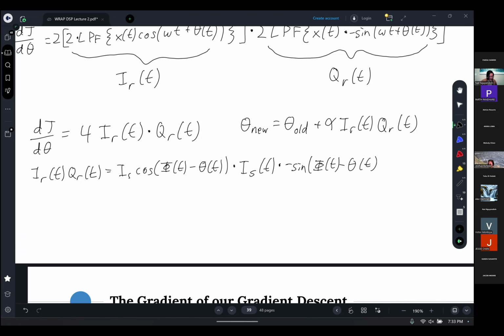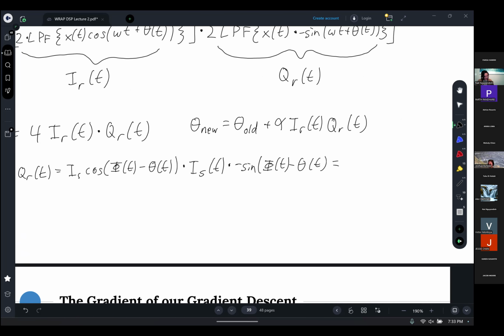Okay. And then this is actually going to simplify to, we have a sine multiplied by a cosine, so that should immediately make us think of one of our trig identities that we know and love. So we have negative sine of 2 times whatever's within these sines and cosines. Luckily, it's the same thing, so this minus this.